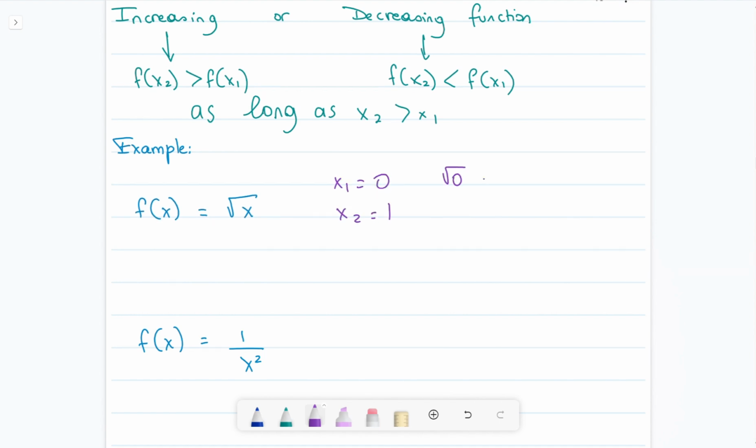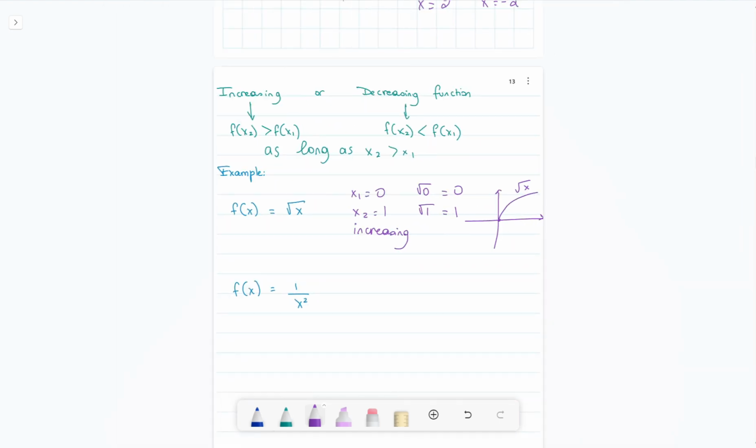Square root of 0 is 0, square root of 1 is 1. So f of x2 is greater than f of x1, so this function is increasing. Now, it's not always good to only choose 2 points. Graphing will give us a more accurate answer. This is square root of x, and we can clearly see from the graph that it is increasing.